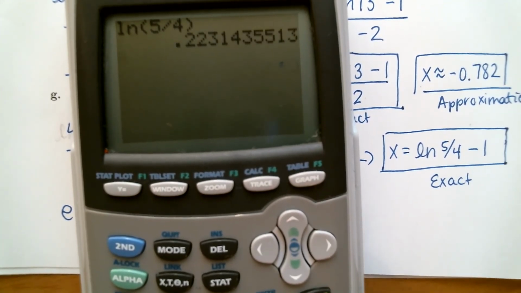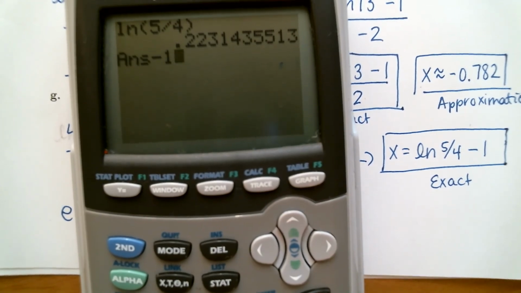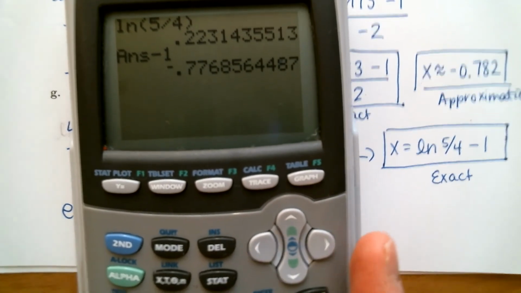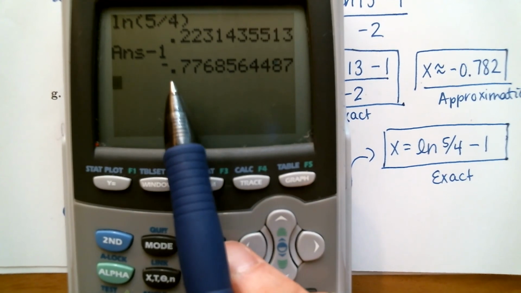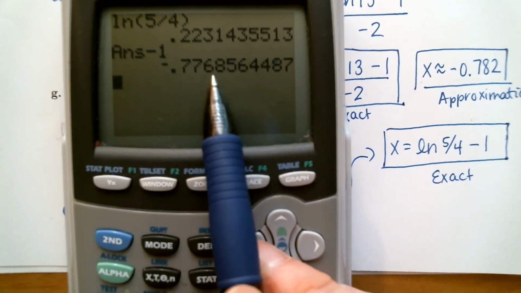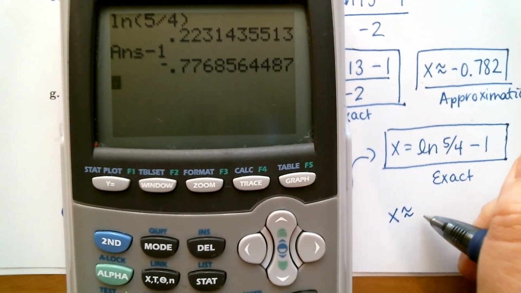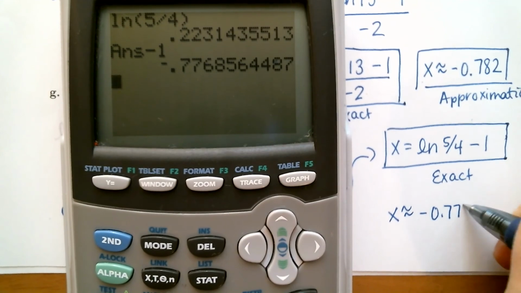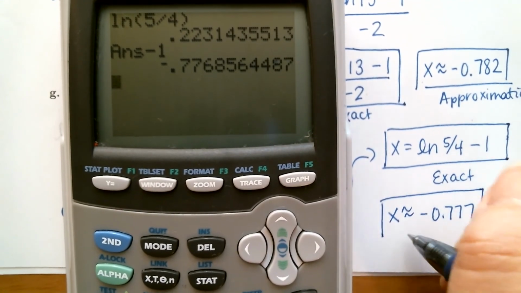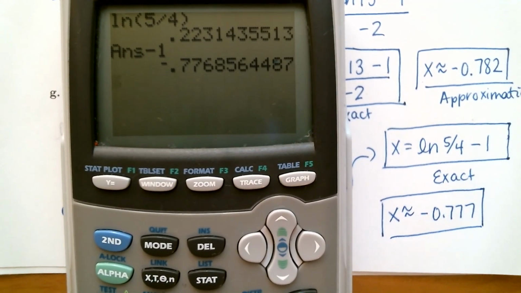All right, so there we go, and now subtract 1 from that. If you round it here, it's going to be negative 0.77. This 8 will round the 6 up, so we're going to say x is approximately negative 0.777. All right, and we will continue with 2 more problems.